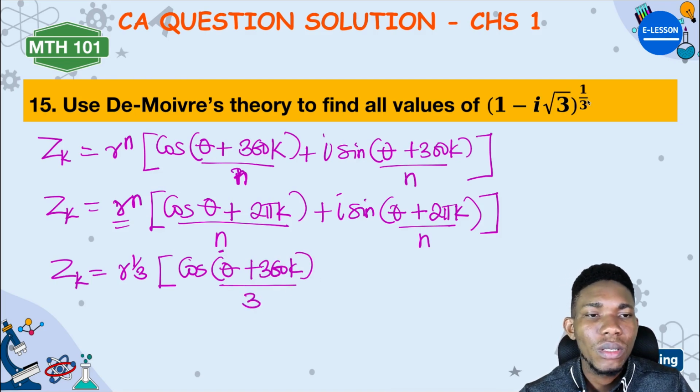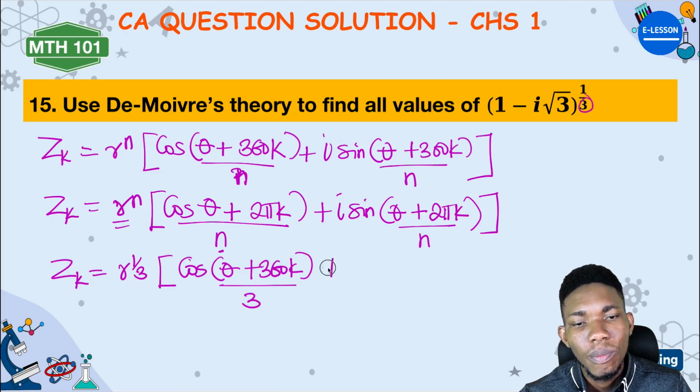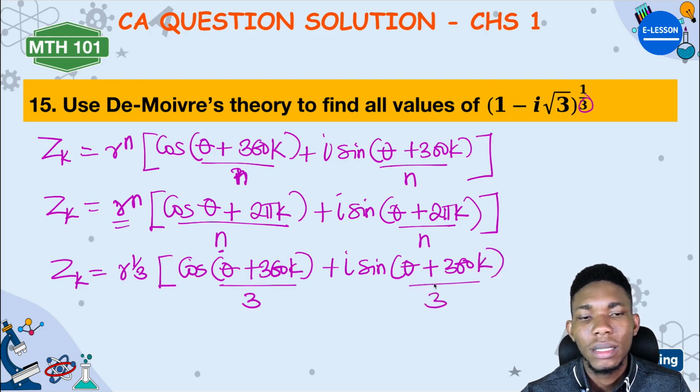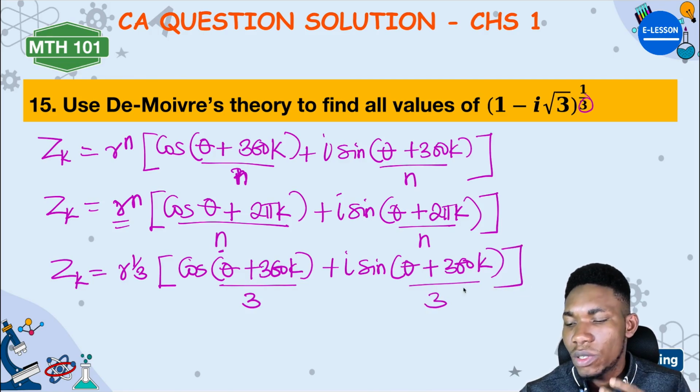It is 3 because of this cube root here, 1 over 3, plus i sine, 360k, all divided by what? 3. Is that okay? So that is what we have.